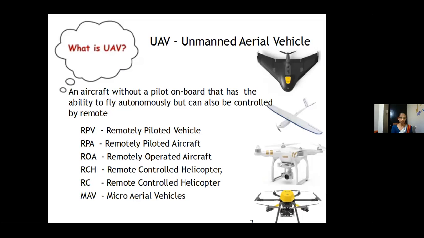So they may be remote control, semi-autonomous, autonomous, or have a combination of these capabilities. UAV is a simple term that is more commonly used in computer science, robotics, artificial intelligence, as well as in remote sensing and photogrammetry communities.